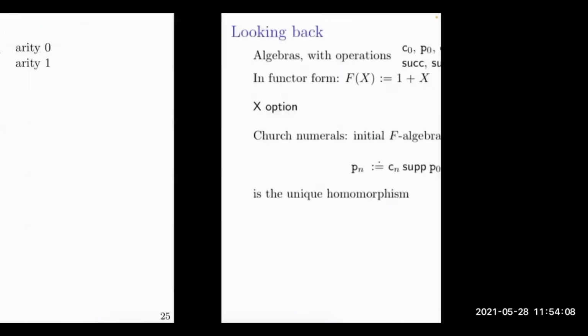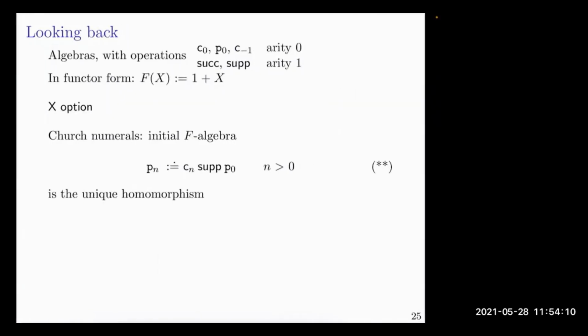So, for the initial algebra, each initial algebra can be mapped uniquely to any other algebra of the signature, to any other algebra with operations sub and p0. And so our operations plus, star, star was that unique homomorphism.